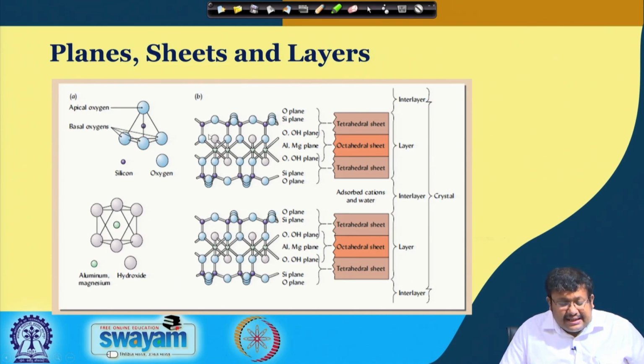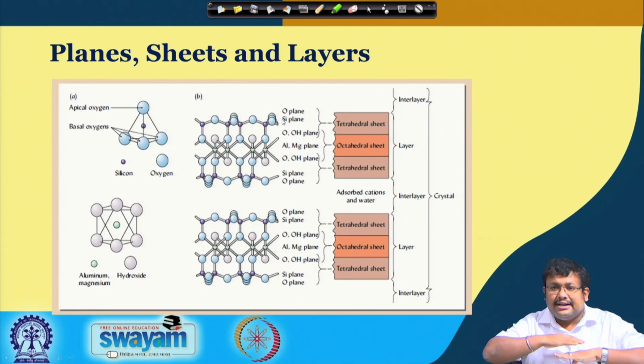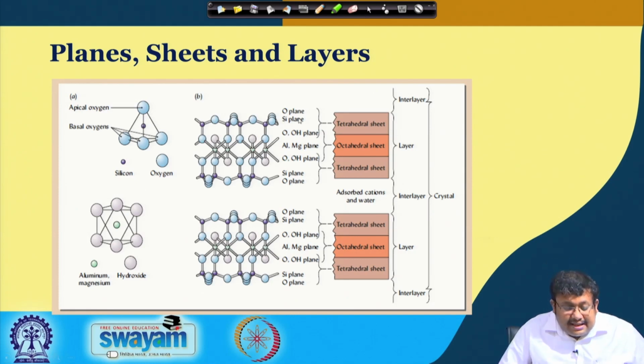This is a tetrahedral sheet. If you consider the tetrahedral sheet inverted, then obviously the basal anions will be the oxygen plane, followed by the silicon plane, which is the major cation, and the apical oxygen of each of these tetrahedra will be shared with the adjacent octahedral sheet.